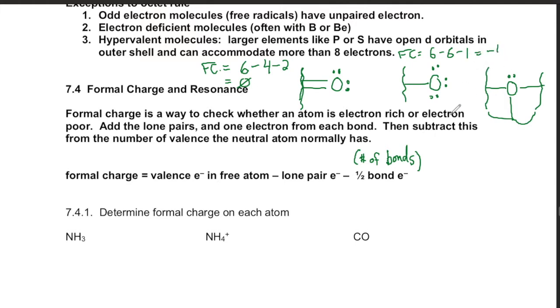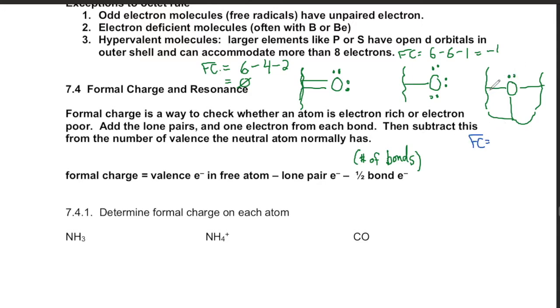And that would be a -1 formal charge. So this oxygen is negative compared to how it started off before you put it into the compound. It's got access to 1 additional electron that it didn't have before. It's somewhat negative.